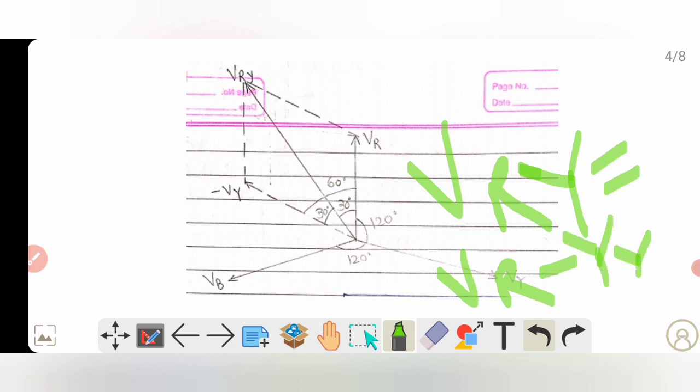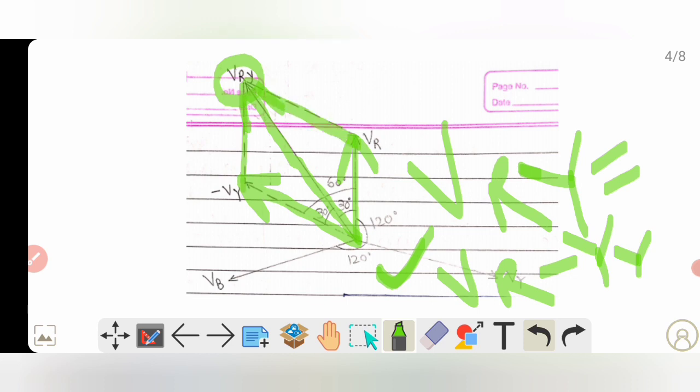This one is VY, and if you want to take the negative of it, we have to draw it in the opposite direction, so this one will be minus VY, and this one is VR. This will be the resultant, denoted by VRY. Now our parallelogram will be formed here.